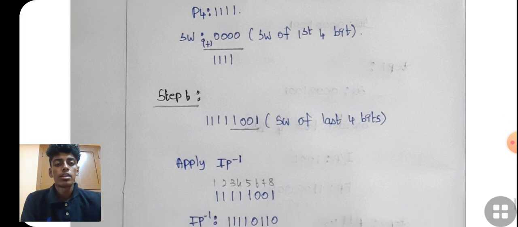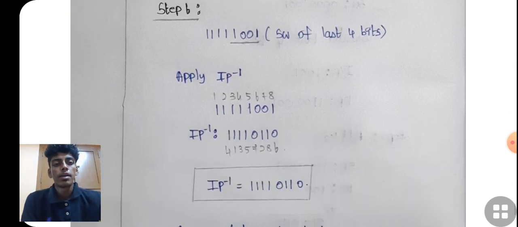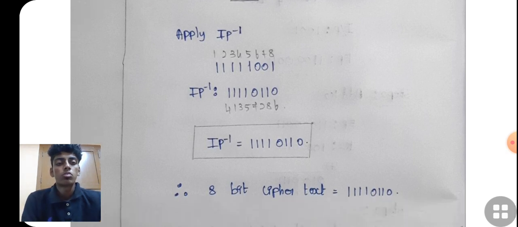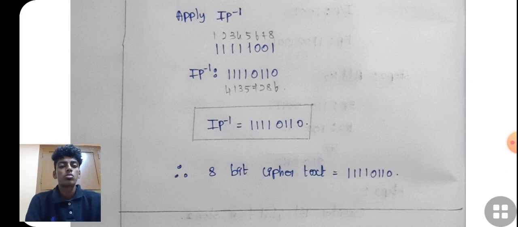And step 6 is the swap operation of the last 4 bits. Finally we apply the IP inverse. So the final output of ciphertext is 11110110. So we can find the 8-bit ciphertext.